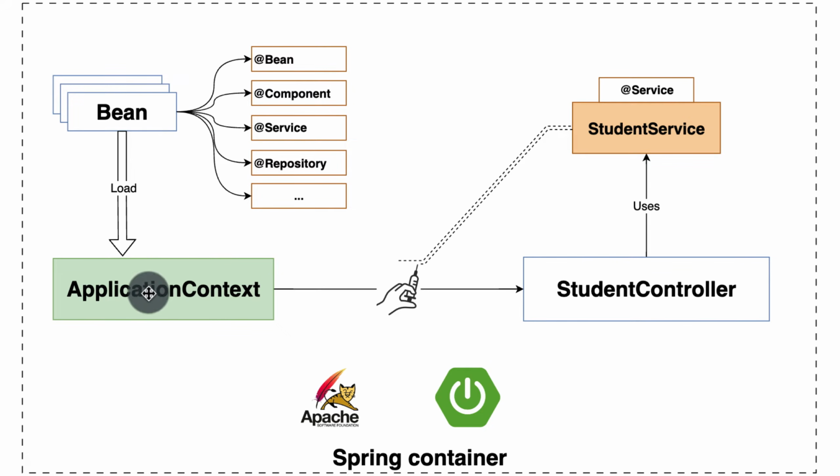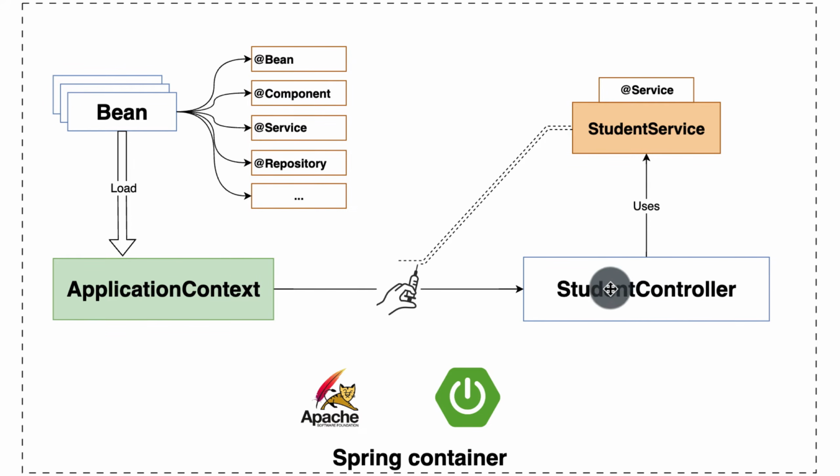So it already exists within the application context. So when the student controller requires an object of type student service, then Spring will come and inject this student service into the student controller. So this is what we mean by dependency injection.